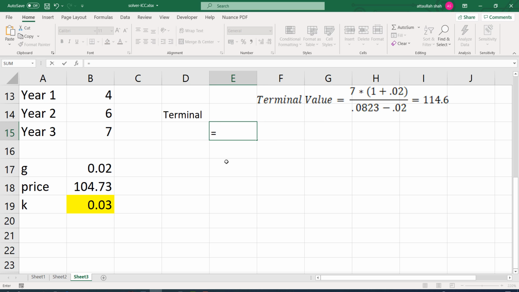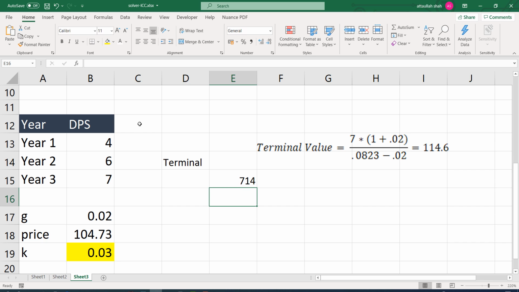So terminal value equation is the last year dividend multiplied by 1 plus growth rate divided by capital, which is not yet given, minus growth rate. So this should be our terminal value. It is of course wrong at the moment, but don't worry.